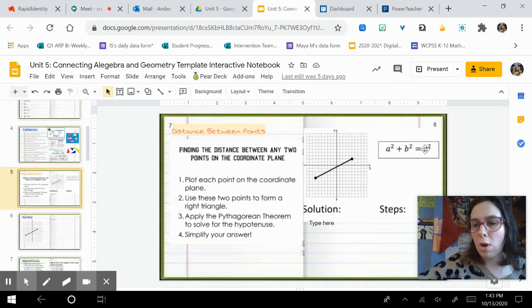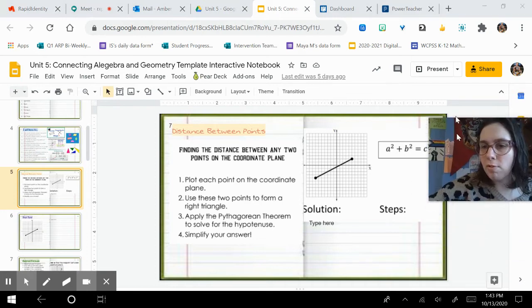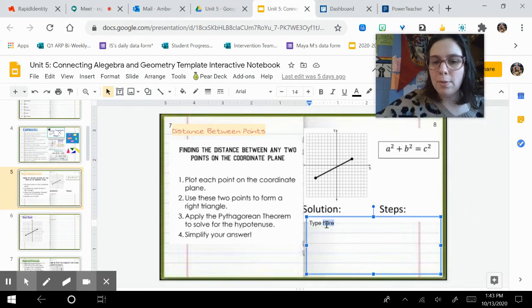So I'm not going to draw the triangle. I'm going to use just the equation, but you can draw the triangle to help you figure out the distance from the graph. But I'm going to show you also how to take the coordinate points themselves and then find the distance. So I'm going to write the point.